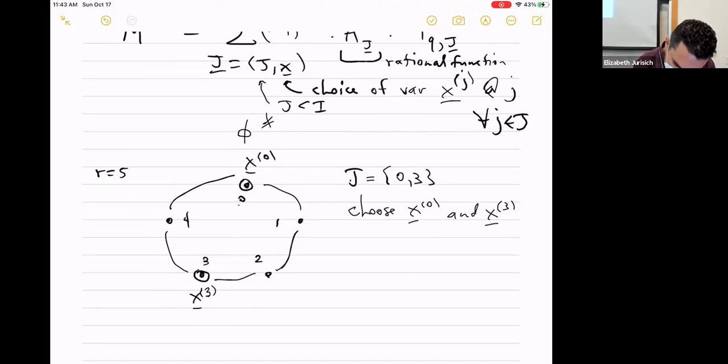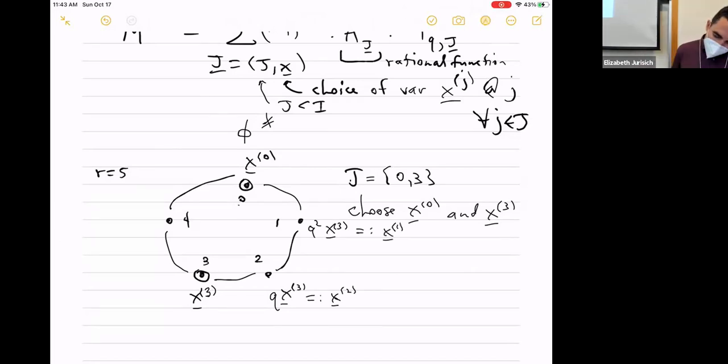So I'm going to put a variable here, which is q x3. So I take that one that I chose and I multiply it by q, and I'm going to call this x2 underline. And this one I'm going to say is q squared x3, and I'm going to call that x1. And over here, I have to turn my head the right way.